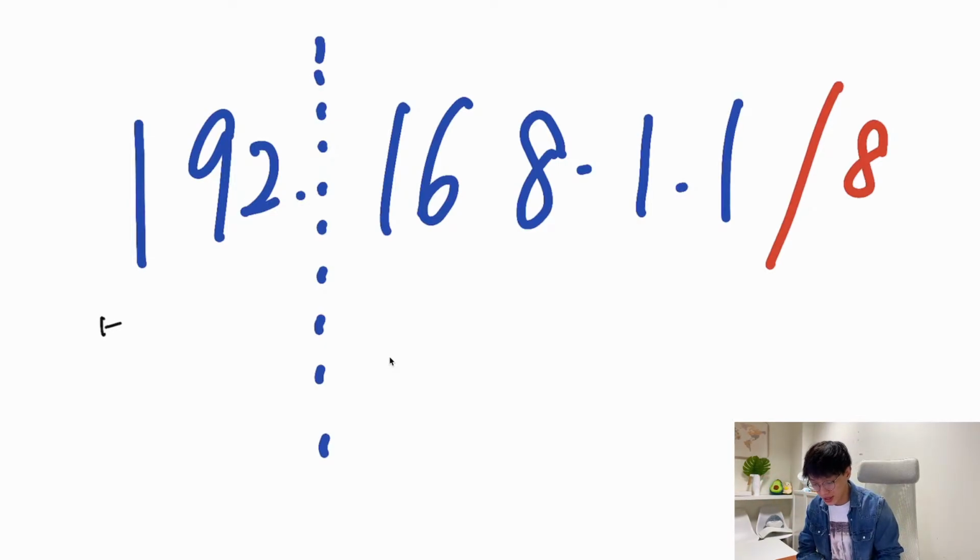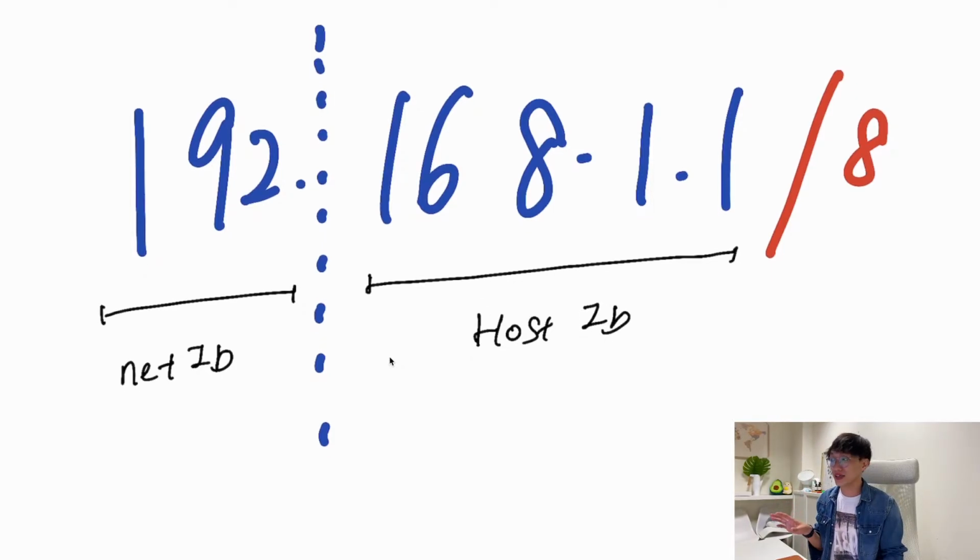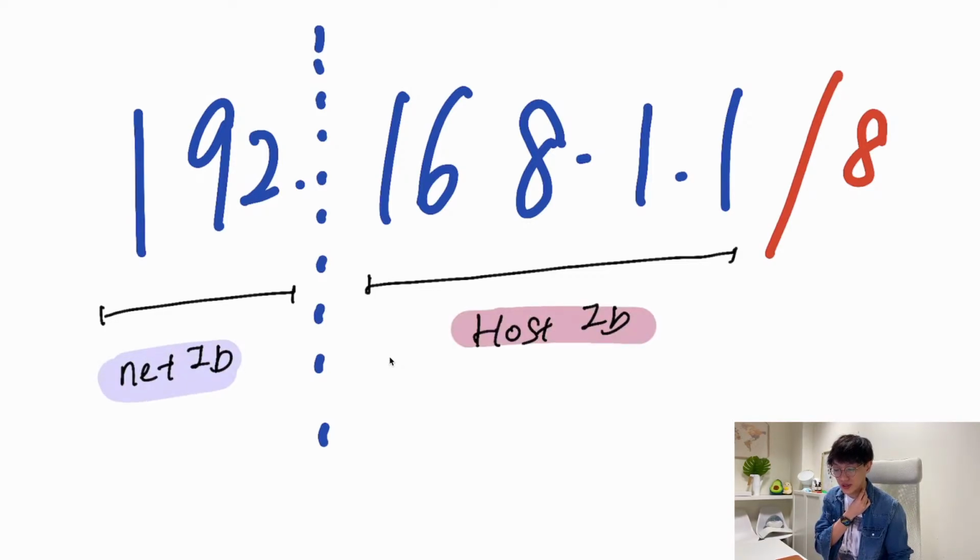The first part is called the network ID, and the second part is called the host ID. With a subnet mask, every IP address now has two portions: the leftmost portion is called the network ID, and the remaining is called the host ID.